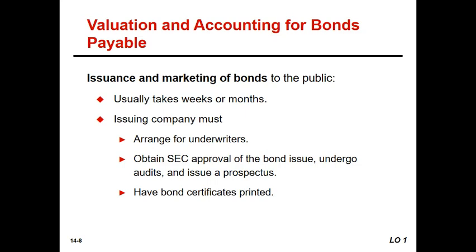So when we're thinking about a bond issue, we start out knowing we're going to need an exceptional amount of capital, and we know that we want specific terms. And then we said all of this in the beginning, and we start going through all that red tape as it's moving through underwriters and SEC approval, varieties of audits, issuing the prospectus, even having the bond certificates printed.